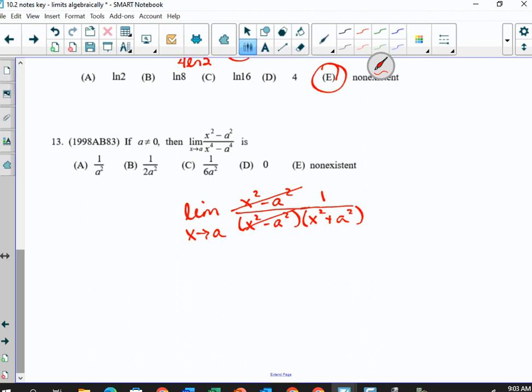There's a 1 left up top. So it's B. Now you plug in. Plug in A, yep. You did.